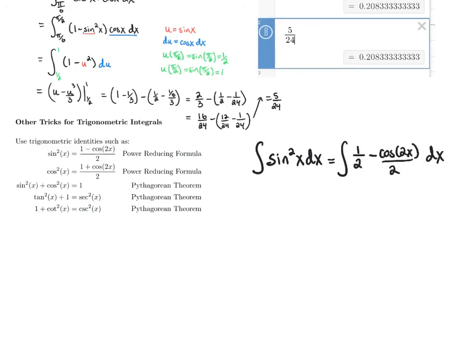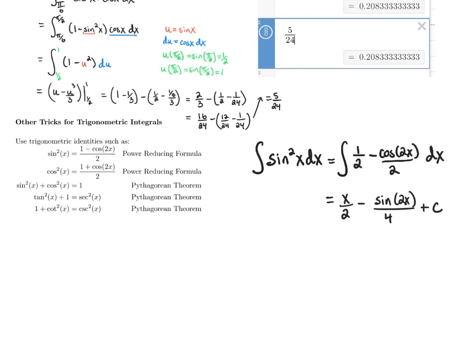Now each of those on their own are not too difficult to evaluate. This would be x over 2, and I have to do just a u substitution on the 2x to recognize that I'm going to get sine of 2x over 4 plus c.